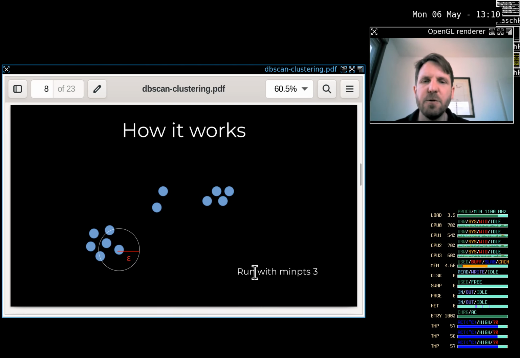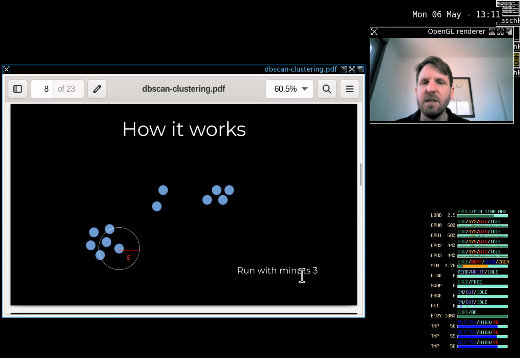So how does this work? Let's say we have this radius epsilon here, and we run with a minimal number of points given like this. Here we see the criterion is not satisfied, because I find at maximum only 2 points in this neighborhood.